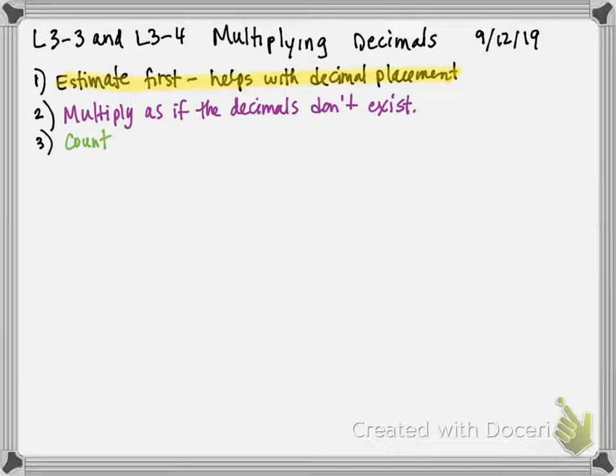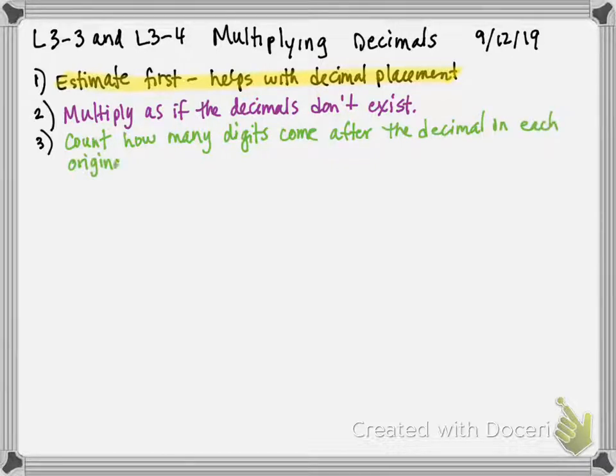We're going to count how many digits come after the decimal in each original number. Now, you may only have one number that has a decimal. Both of them may. It just depends.